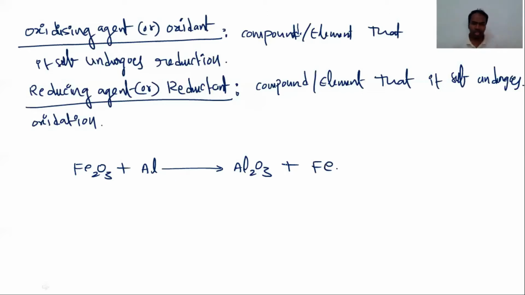Balance this reaction: 2Fe and 2Al. Compare the reactants and product side: Fe loses the oxygens. Loss of oxygen is called reduction.